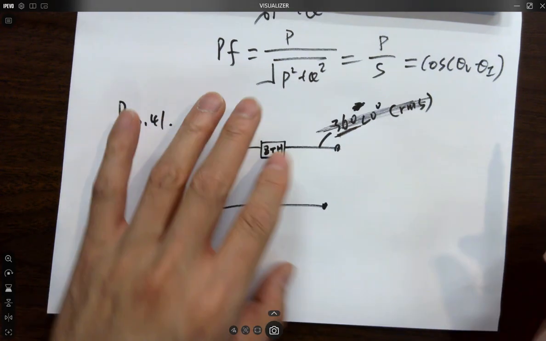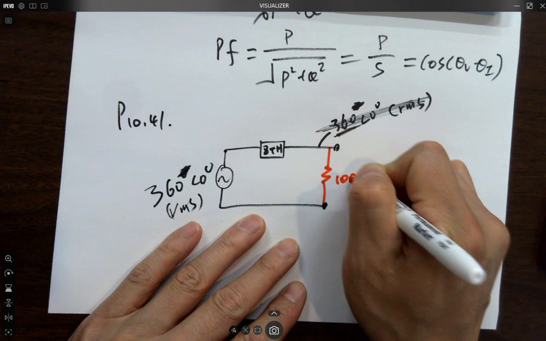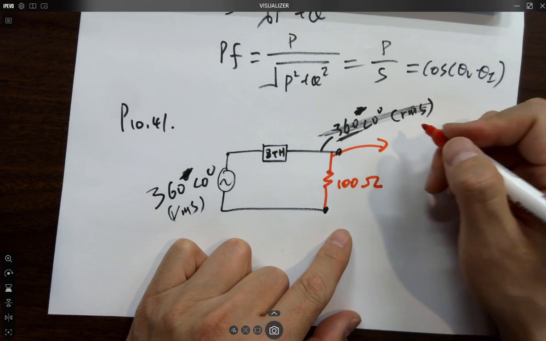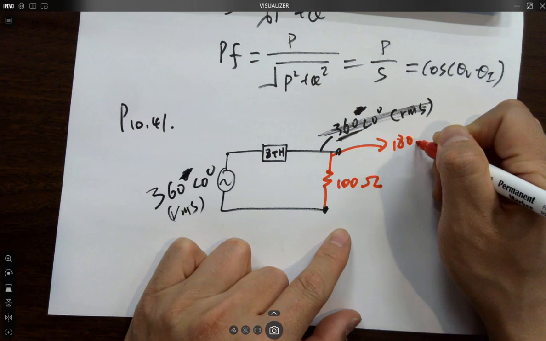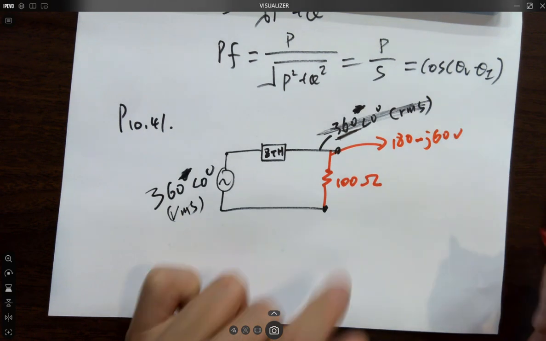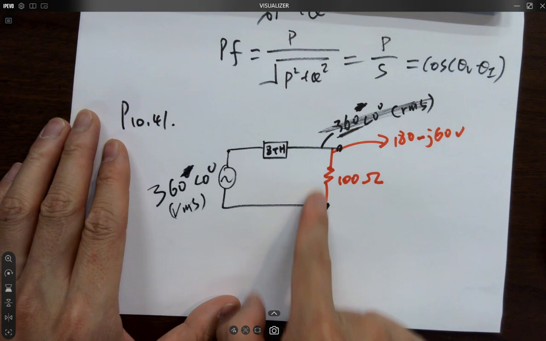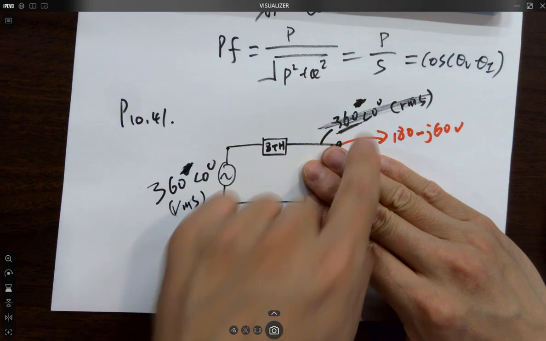Then it tells you that if I connect a 100 ohm resistor, the voltage here becomes 180 minus j60 volts. It could be confusing, like why the voltage here is changing. It's because now you have a load. If you don't have a load, it's going to be this voltage.